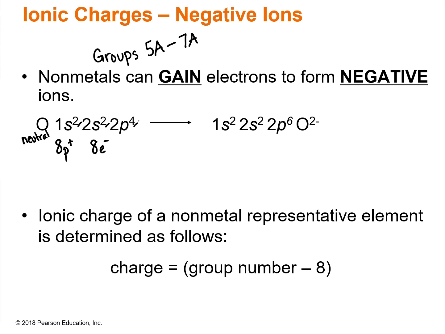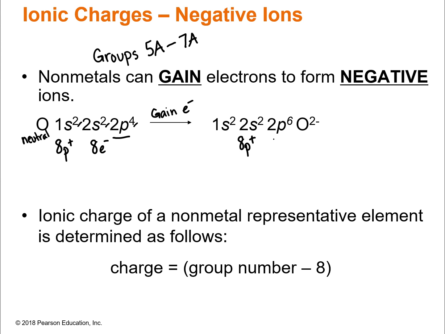Oxygen wants more electrons. It's so close to having that noble gas configuration. So it is going to gain electrons to fill the 2p. Now, we still have 8 protons. We haven't done anything to the protons.